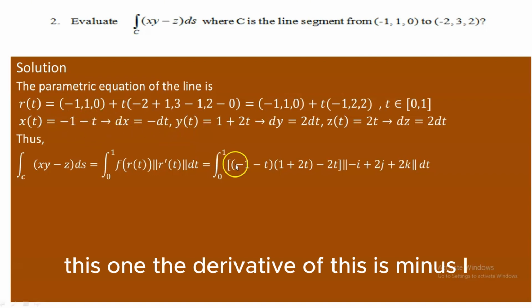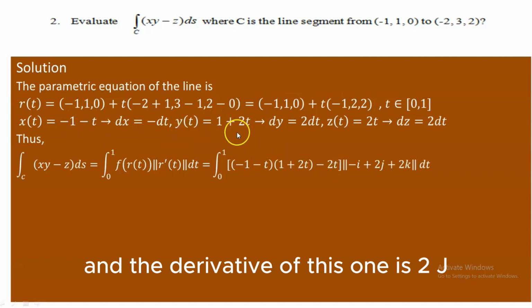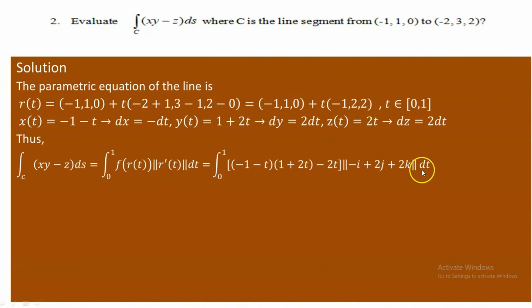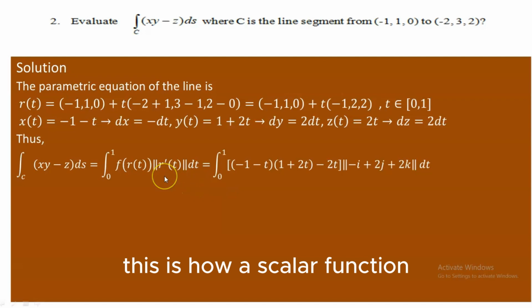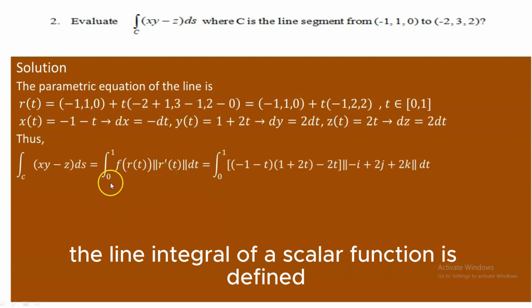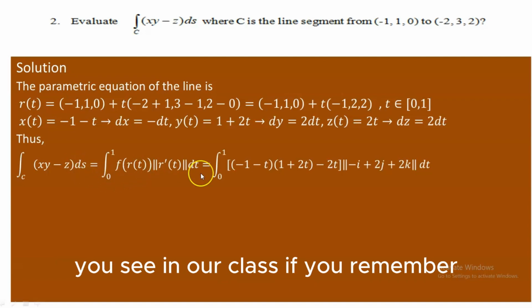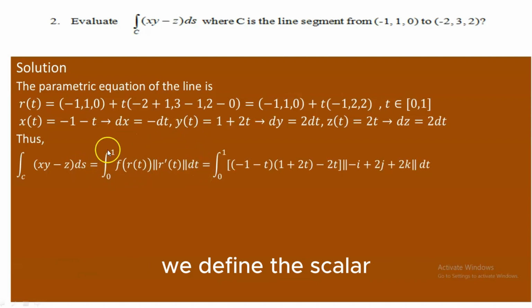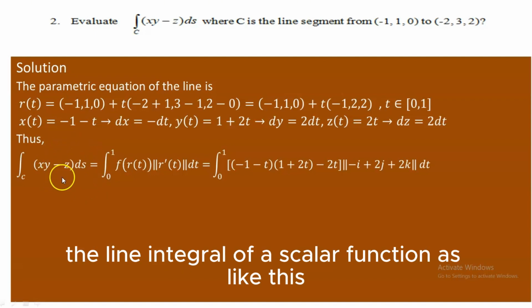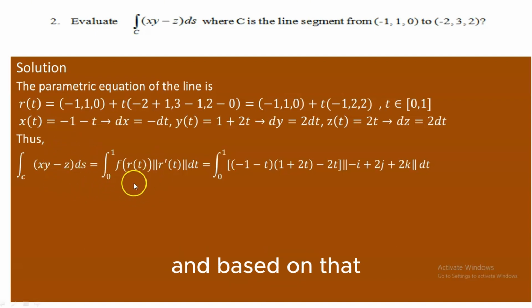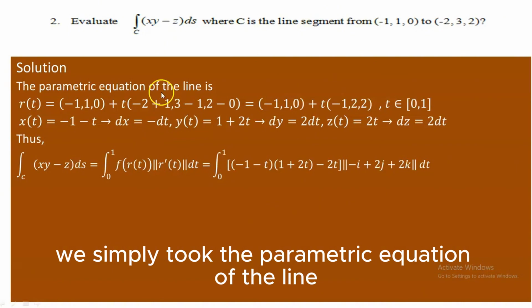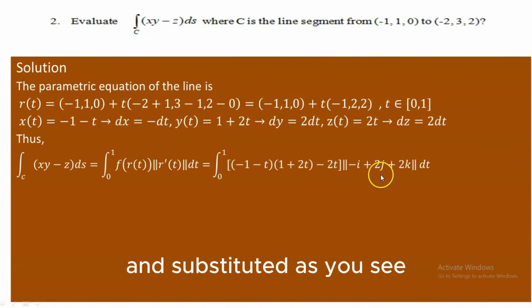The derivative of this is minus i, the derivative of this one is 2j, and the derivative of this one is 2k dt. This is how the line integral of a scalar function is defined. So dear students, know that this is equivalent to this one. If you remember, in our class we defined the line integral of a scalar function like this, and based on that, we simply took the parametric equation of the line and substituted.